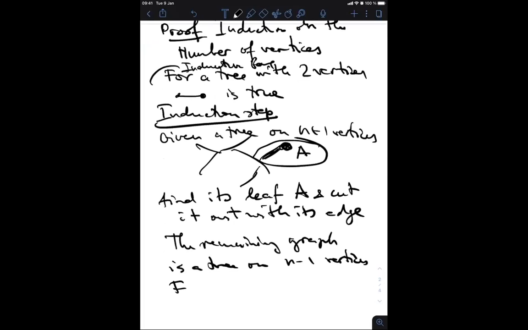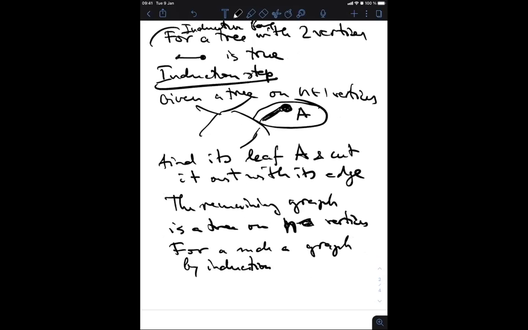And for a tree, oh, okay. So sorry, this was n vertices, not n+1. So we have n vertices for such a graph by induction. So we have our statement that for this tree, T prime, which we obtain after we remove this thing, the number of vertices equals the number of edges of T prime plus 1.